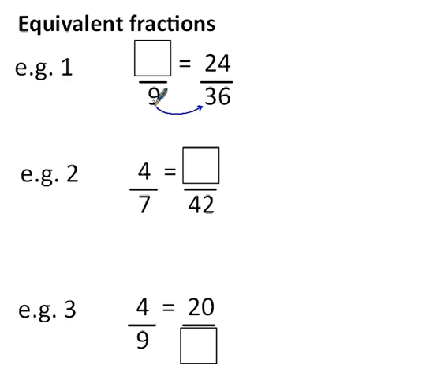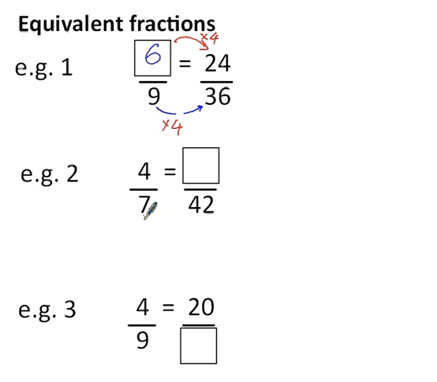What do I need to multiply 9 by, the smaller of the two numbers, to make 36, the larger of the two numbers? I need to multiply 9 by 4. So in which case, I'm going to multiply the unknown number by 4 as well to make 24. And that unknown number therefore must have been 6. 6 times 4 makes 24. So 6 over 9 is equivalent to 24 over 36.